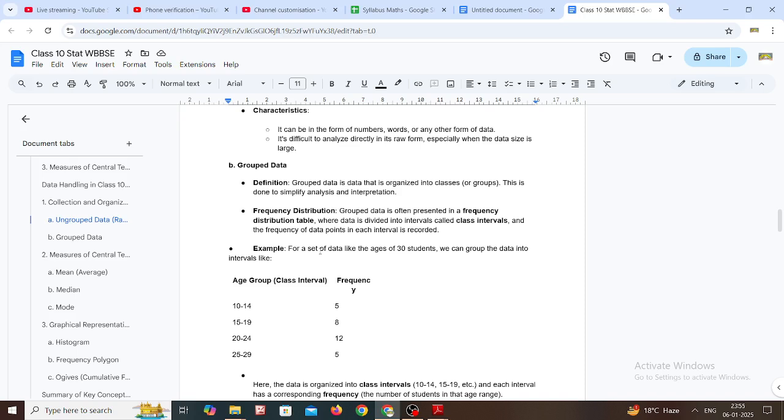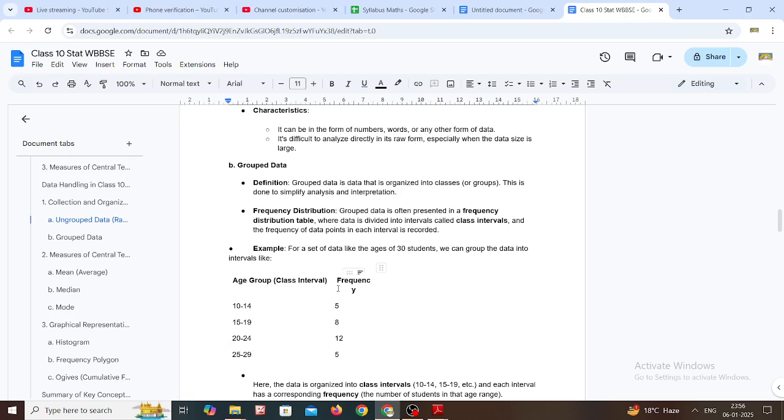For example, a data set like the ages of 30 students is given. We can group the data into age group intervals. Class intervals will be 10 to 14 years, 15 to 19 years, 20 to 24 years, and 25 to 29 years. These are inclusive: 10 and 14 are inclusive, 15 and 19 are inclusive, and so on.